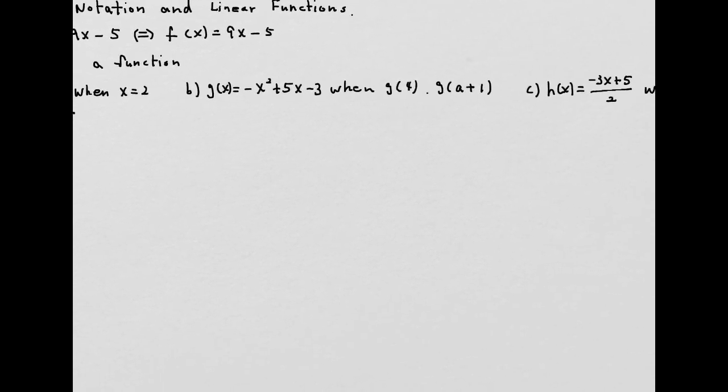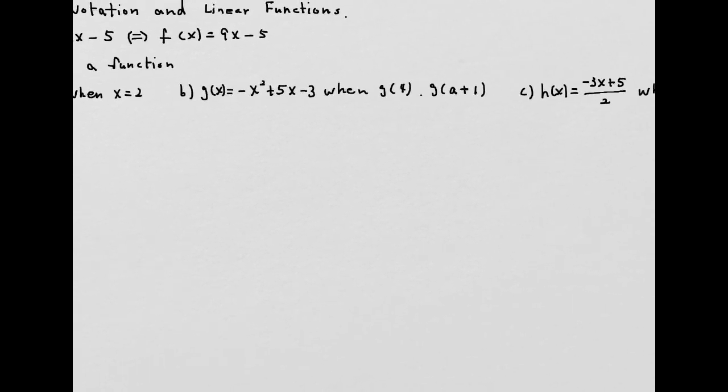Let's look at example B. For B, they want you to find g of 4 and g of a plus 1. So g of 4 is basically just replacing everywhere you see x with the value 4.